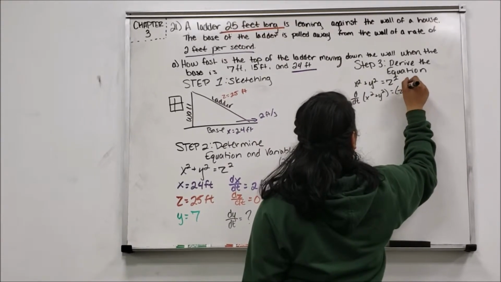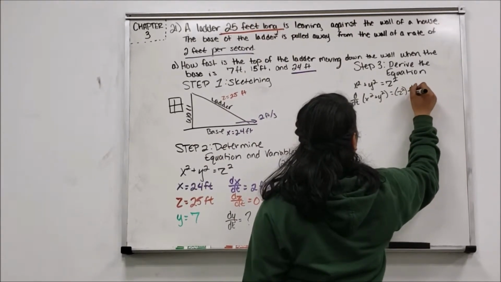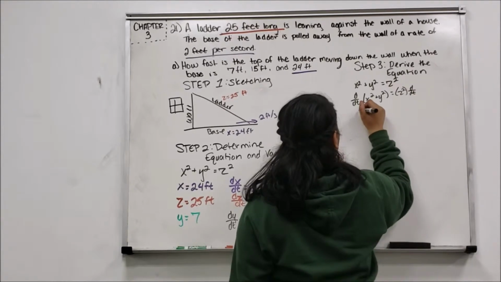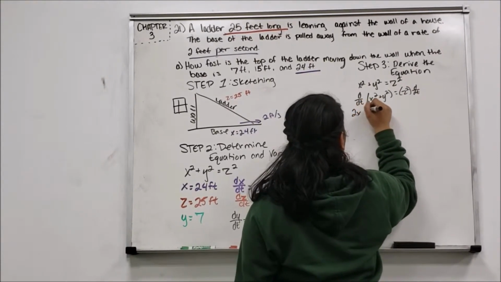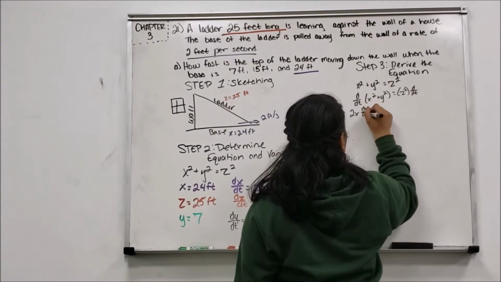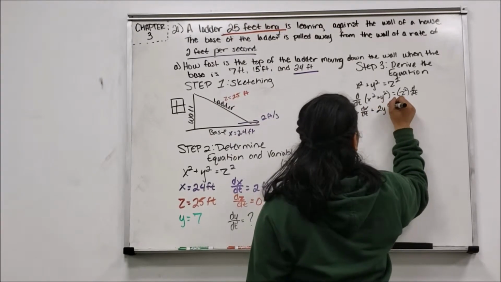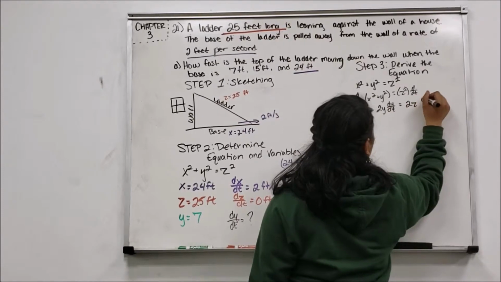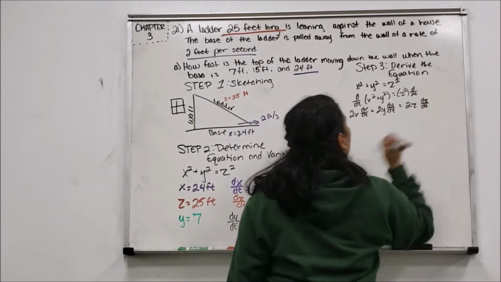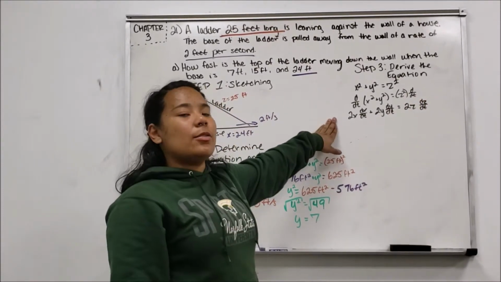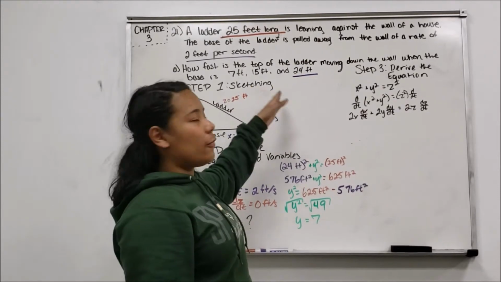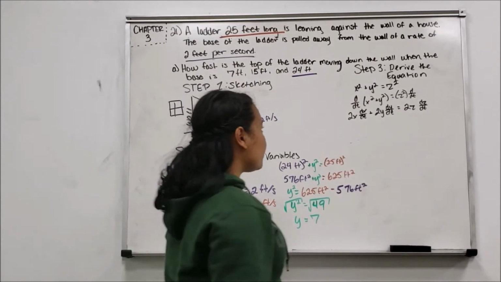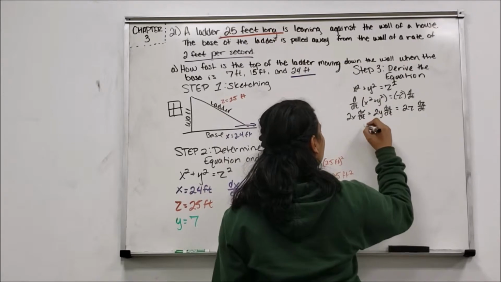And I get 2x dx dt plus 2y dy dt equals 2z dz dt. Like I said, I went a little bit fast here because we already did the same thing with 15 feet and 7 feet. Now we'll be moving on to step 4.